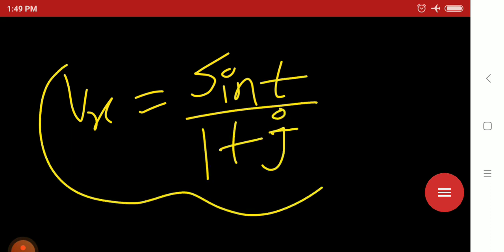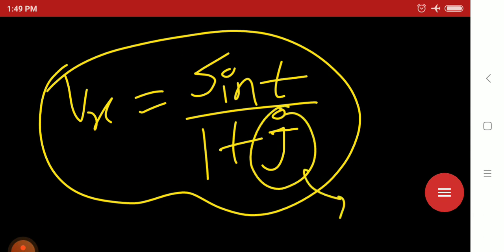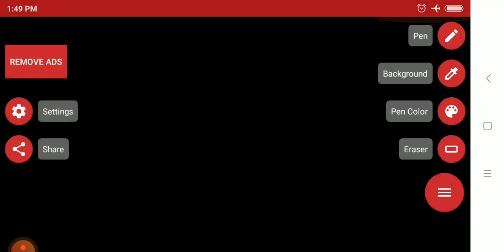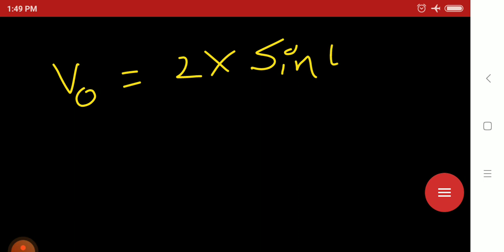We have got already. J is what here? J is imaginary number. So Vx we have got sin t by 1 plus j. Now, so V0 what we will do? So V0 equals 2 into Vx, that means 2 into sin t divided by 1 plus j.